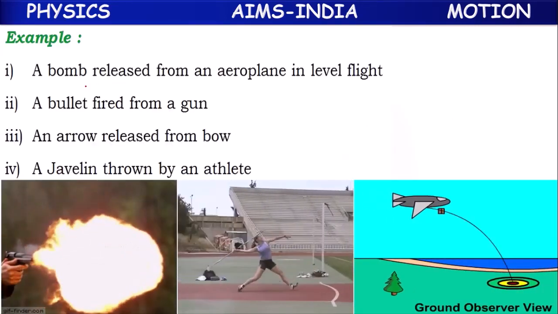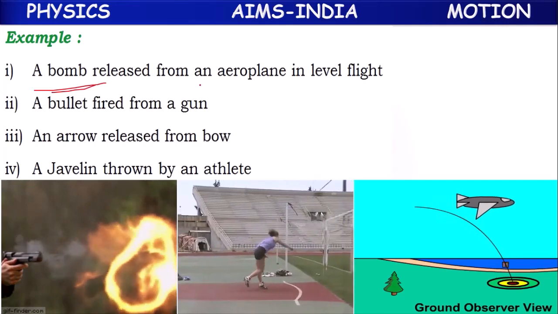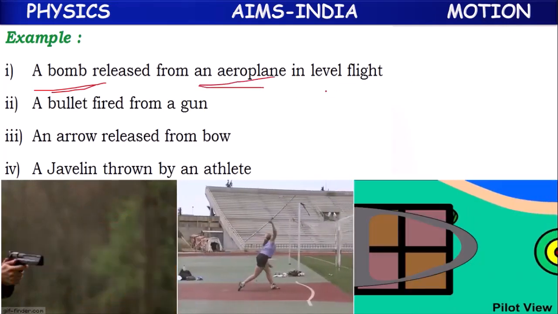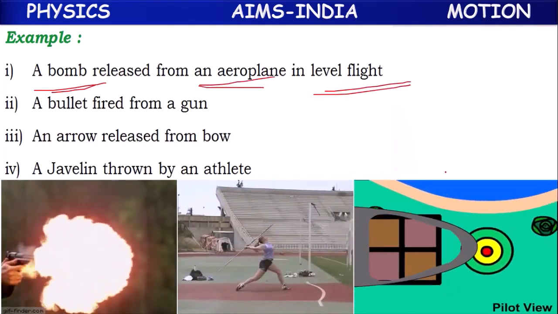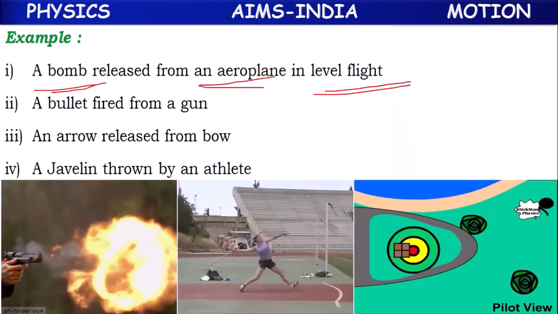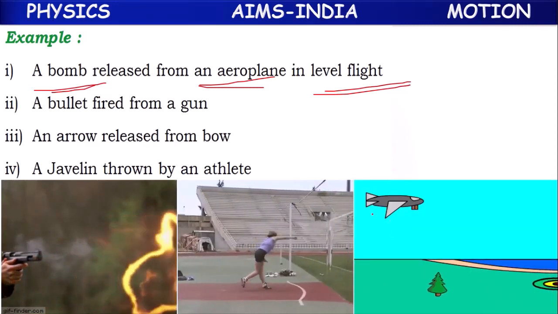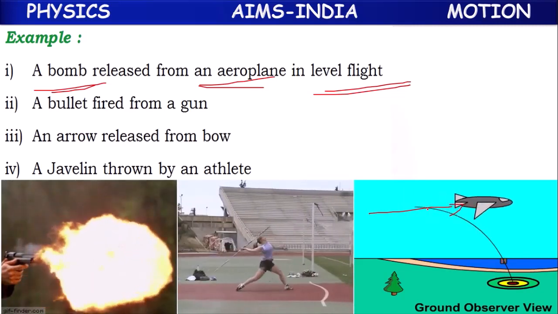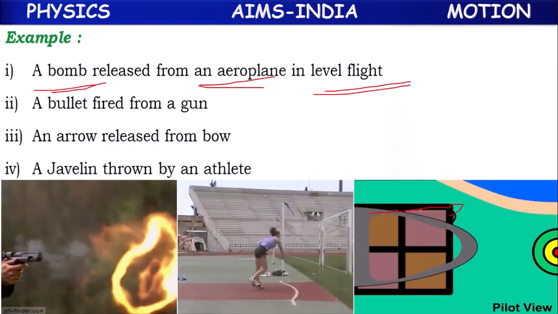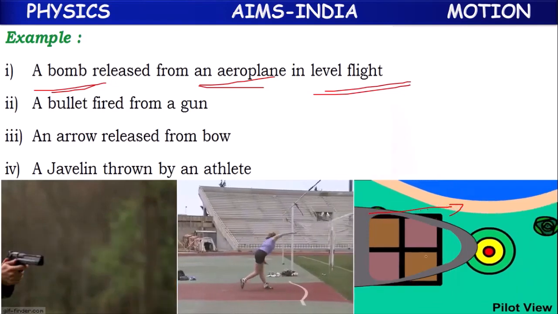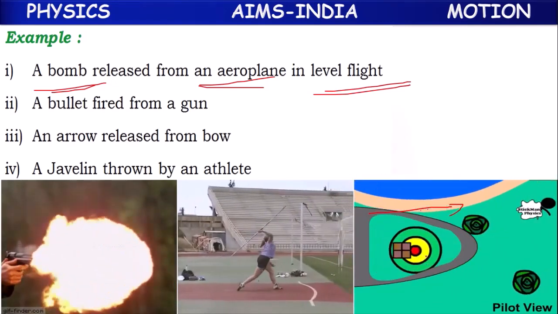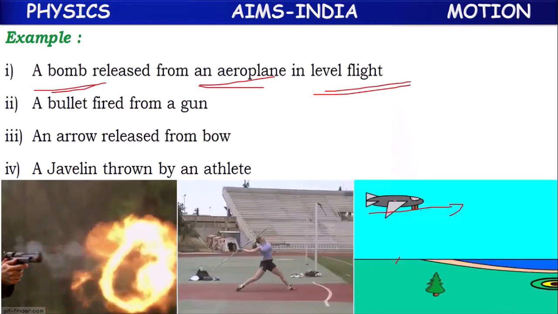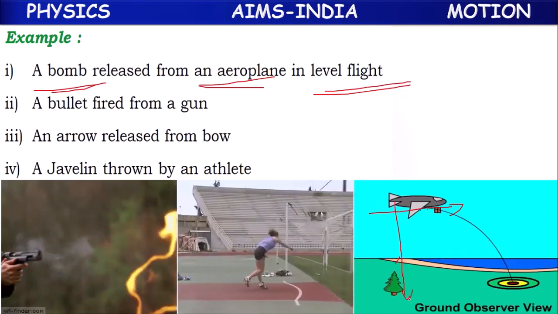Here, children, a bomb is released from an aeroplane in level flight. If the flight is moving like this and a bomb is released, from the plane, if you observe, it is falling vertically downward.